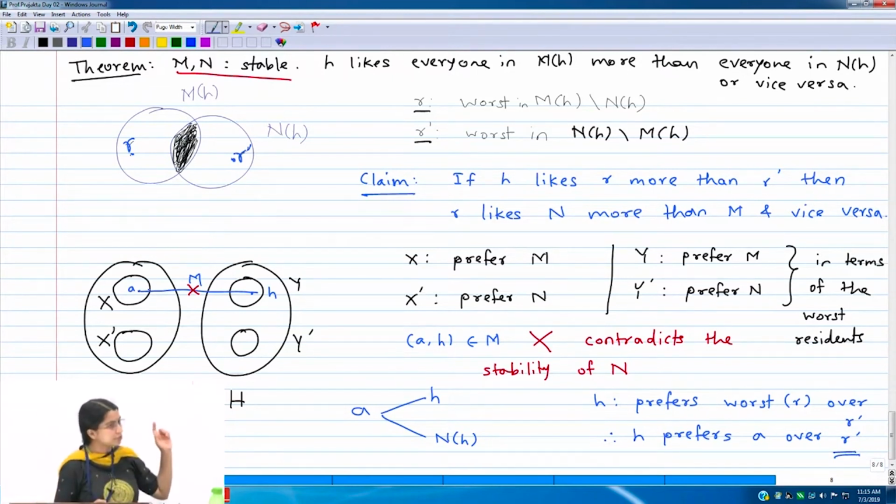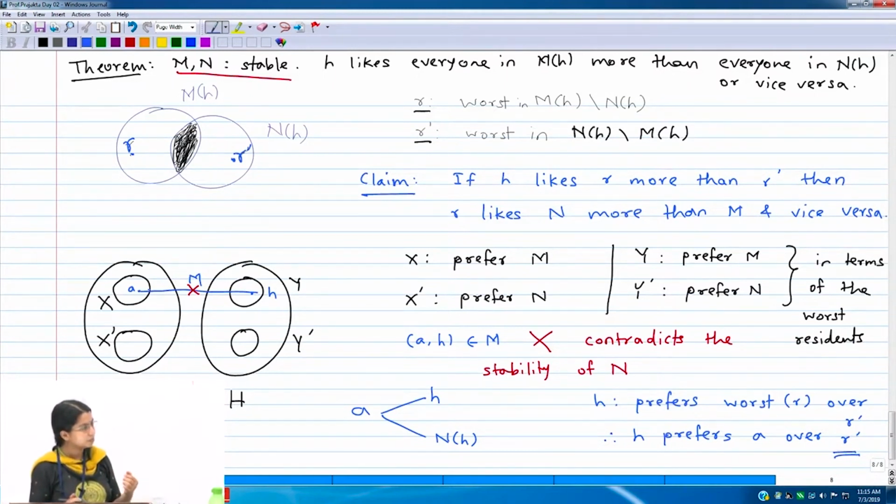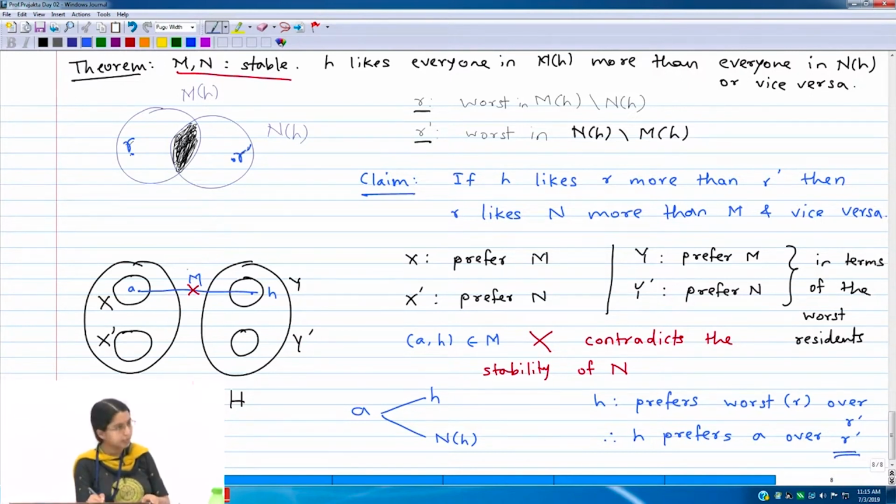Say it again, where did we use? Yeah, so you are asking why I called that this H is in M, right? This is not really necessary, but if you look at A's M partner, where can it be? So A is in X and A likes M. Can A's M partner be in Y?